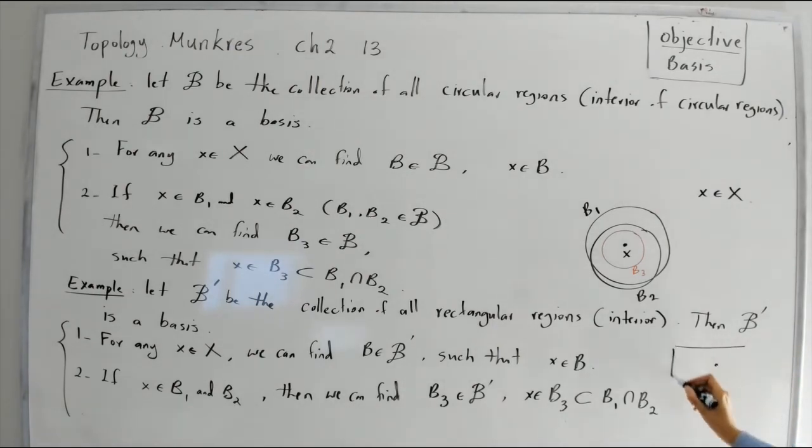So if we have a rectangular region and x belongs to it, and there is another rectangular region, so this is B1 and B2, we can find the third rectangular region, B sub 3.